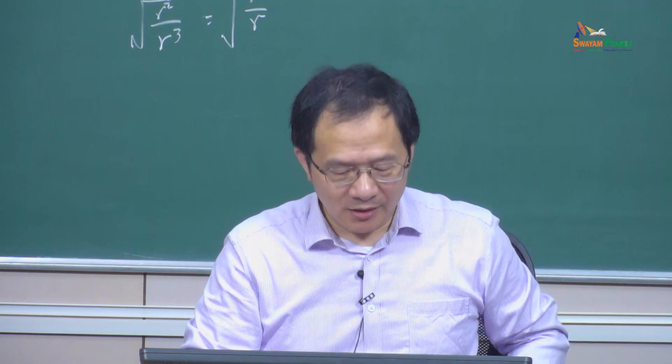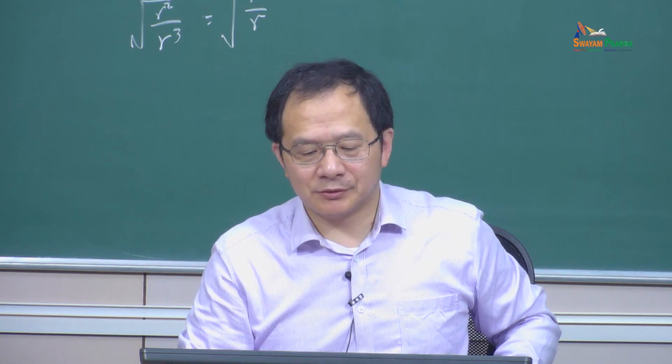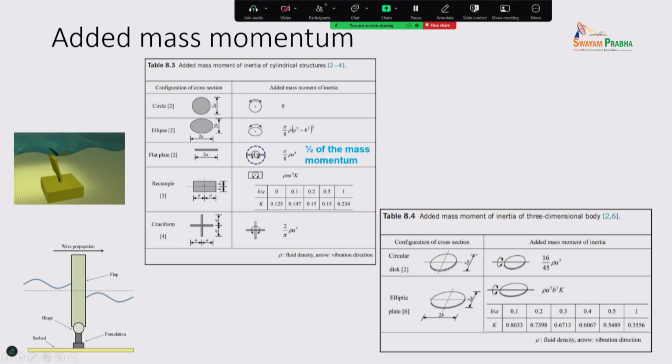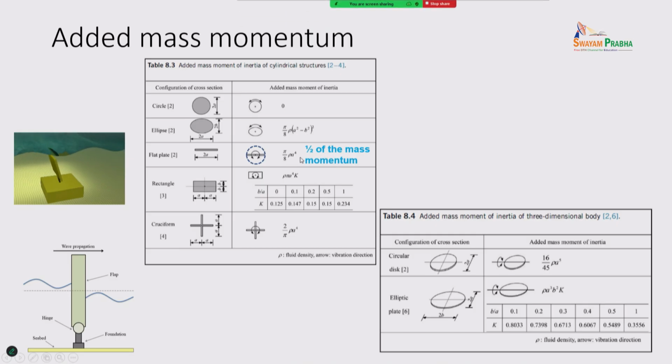So how much is this? Here is the equation, say when you have a rotating disk. If you look into how large it is, it is a pretty large mass, half of the water surrounding this region, and you need to accelerate such mass.